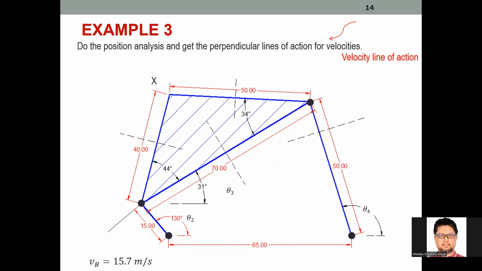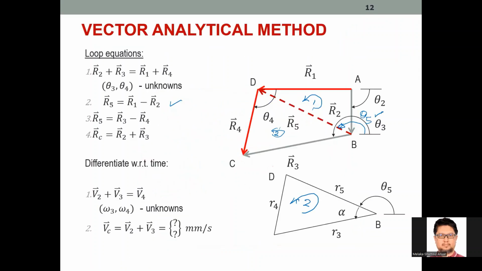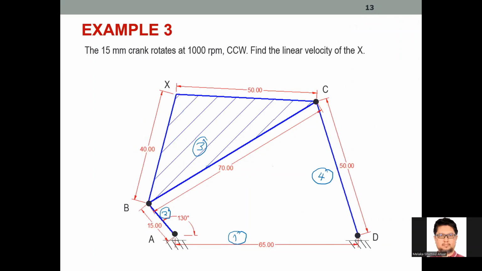So 15 times, what was the 1000 RPM? So 1000 RPM times pi divided by 30.